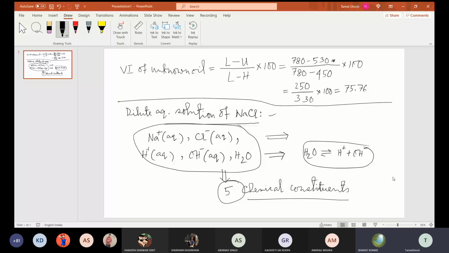The sodium chloride, it is a strong electrolyte and it is highly soluble in water, and a dilute aqueous solution of NaCl was prepared. So the NaCl that was added will be completely soluble.